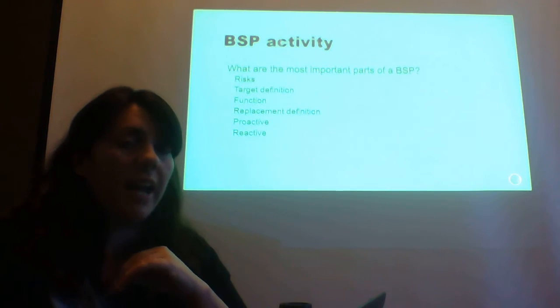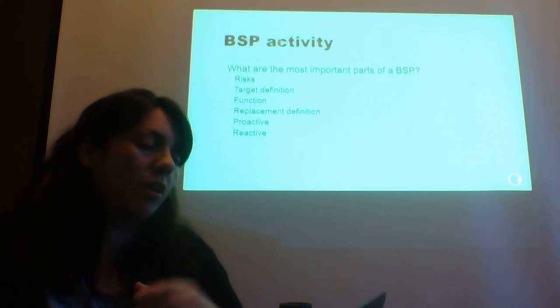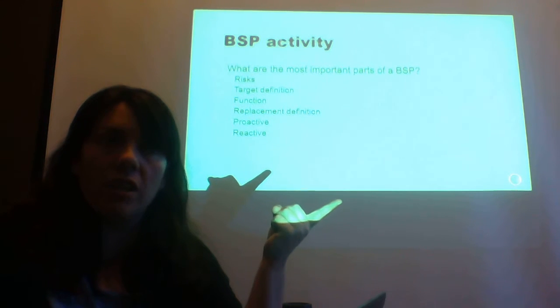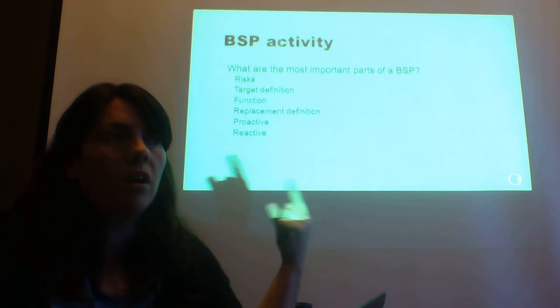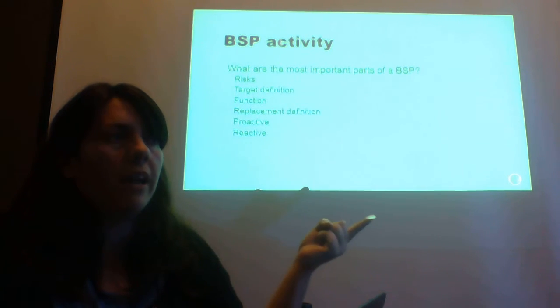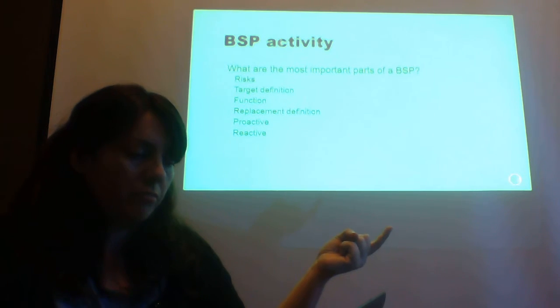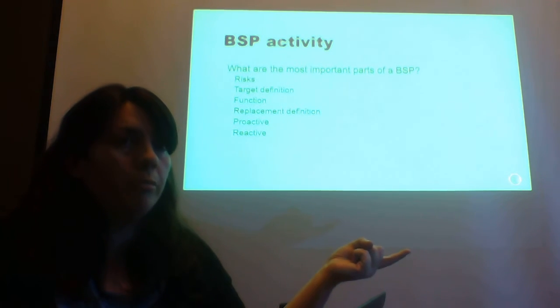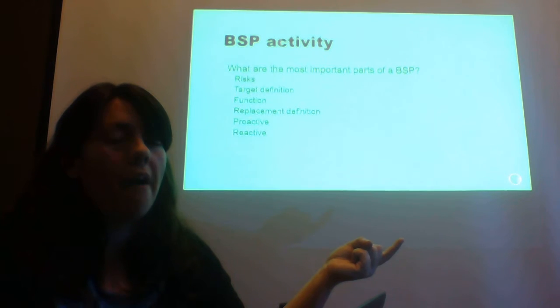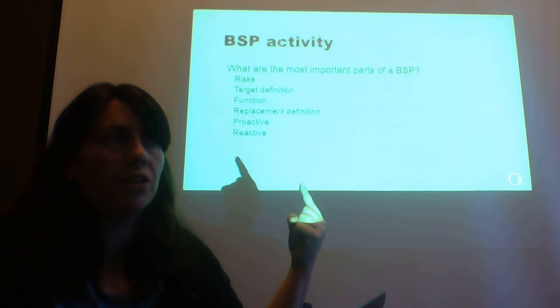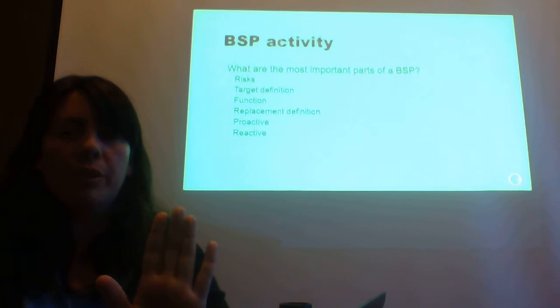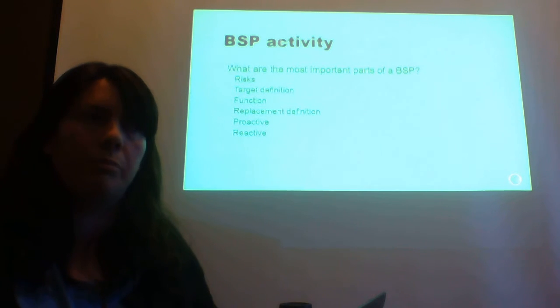Then the main behavior parts: the target definition, the behavior, and along with knowing what the behavior is, you want to know how to count it. The function, because if you know the function off the top of your head, you can respond without saying, hang on, you're melting down, let me go reference the plan.